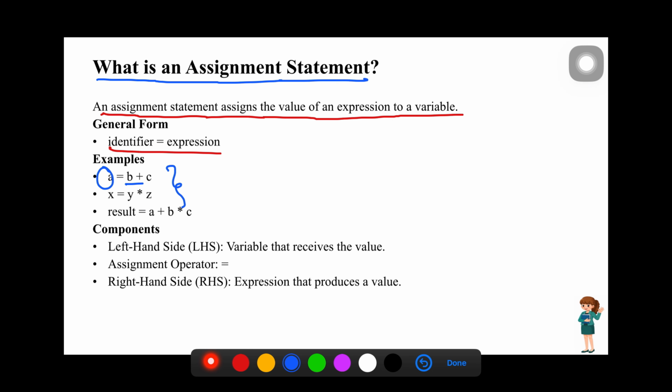The equal to symbol is an assignment operator. B plus C is the right hand side, which is the expression whose value needs to be calculated. The compiler must evaluate the right hand side first and then assign the result to the left hand side. I hope you guys understood. Let's move on to the next slide.